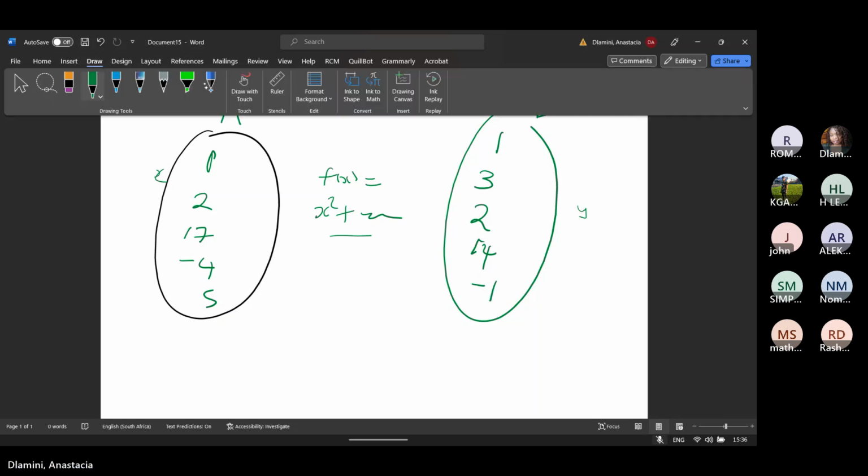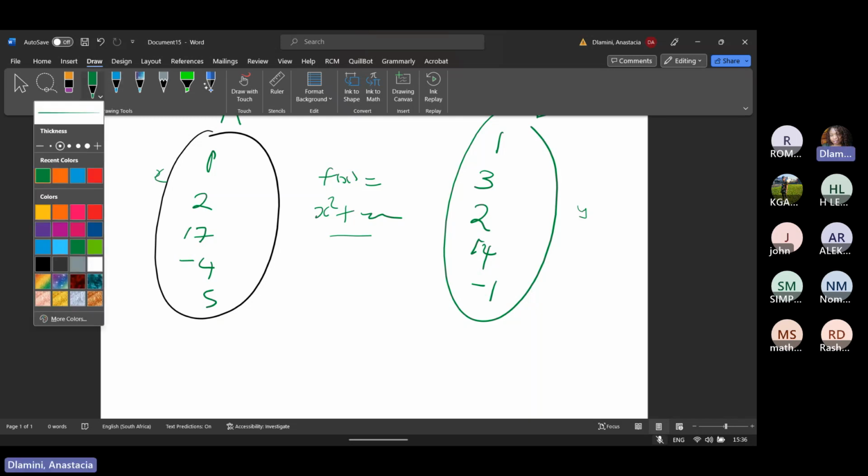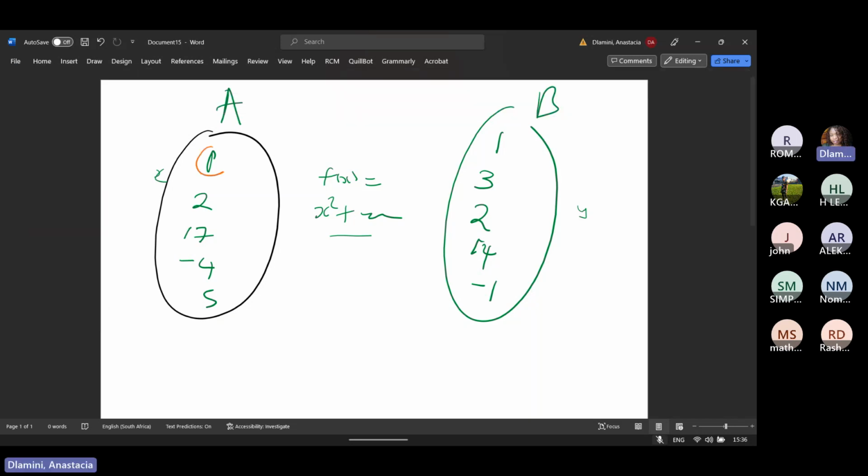So if you take the x value, you substitute into this f, and it gives you one value. This one goes here. Then you take this one and substitute into the function, and you get this value here. And you take this one, you substitute in there. You see, it only has one value.